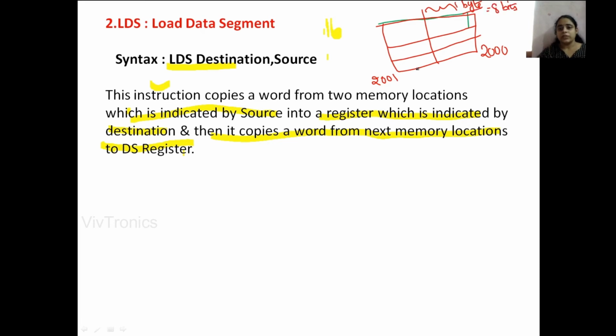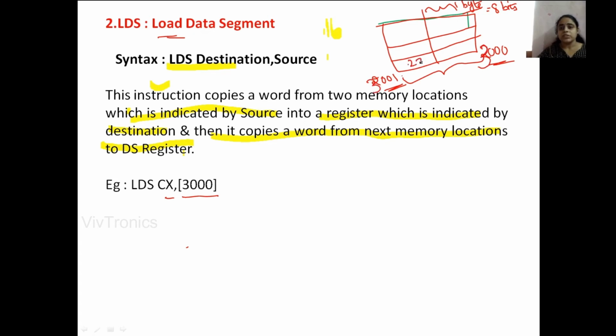So if we are accessing 16-bit registers here, the corresponding 2 consecutive locations work together. So we are going to load our data segment. If you give here, see here, LDS CX, content of 3000. So in content of, if you consider this as 3000, now the 3000 and 3001 memory locations.